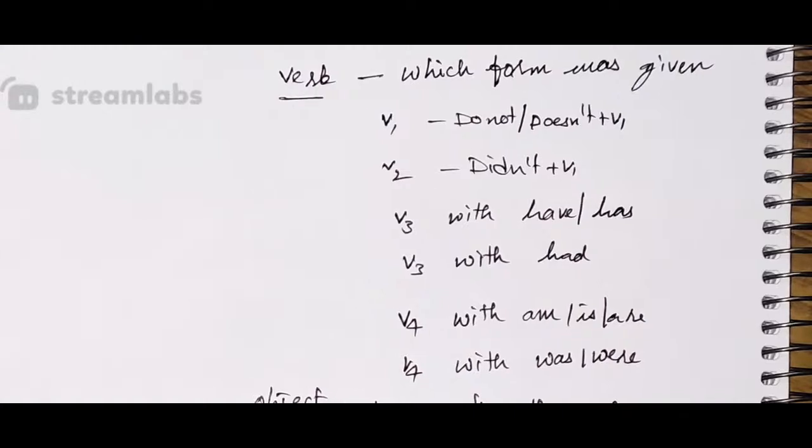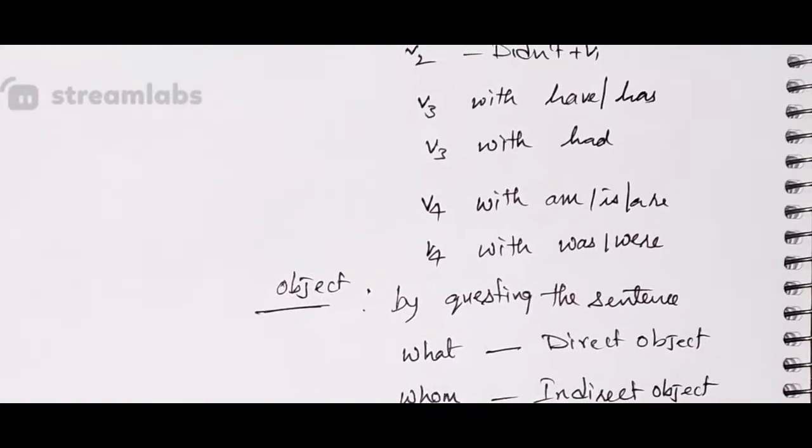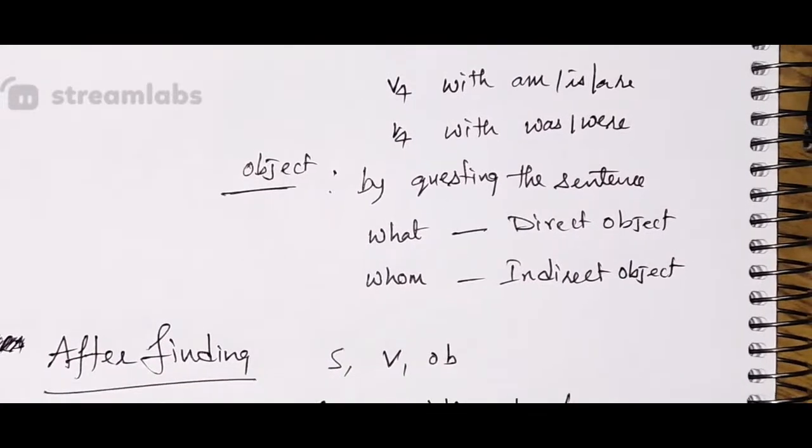Right, let us see. Then the third one is to find the object. By questioning the sentence we can find the object. If we question the sentence using what, the answer we get is considered a direct object.